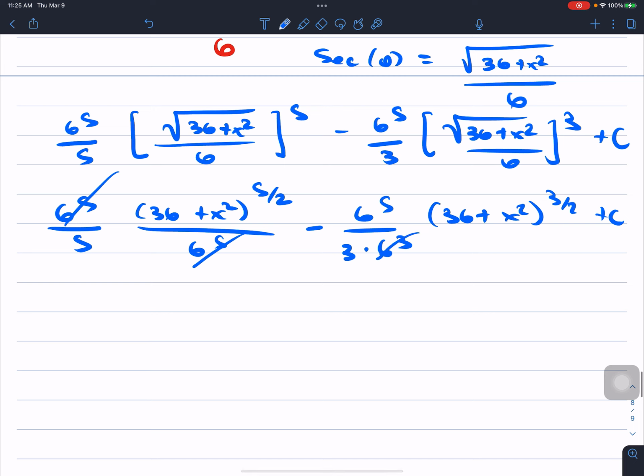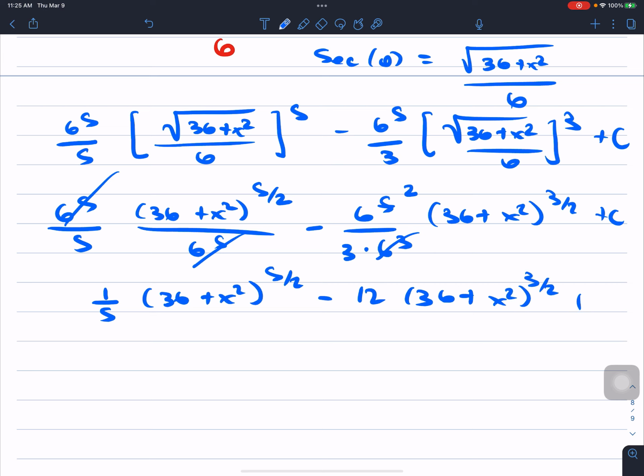And my algebra says this is 6 squared, which is 36. All right. So you say, what is this? 1/5 times 36 plus x squared to the 5 halves power minus 36 divided by 3. Is that 12? Double check my arithmetic, because the coffee hasn't kicked in. And in some ways, you're done, ladies and gentlemen.